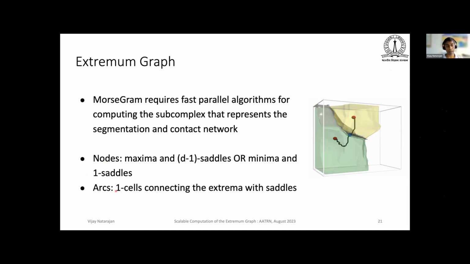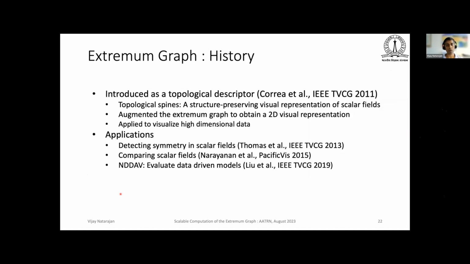The arcs need to be annotated together with different geometric characteristics, such as the interface boundary and possibly the area of contact and so on. So it's this annotated graph that we would like to compute efficiently rather than the entire Morse complex or the Morse-Smale complex. So towards that, we would like fast algorithms.